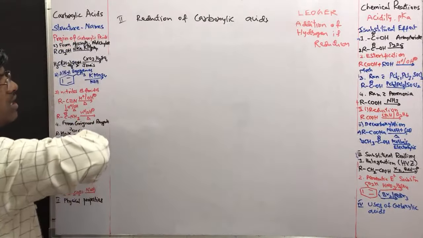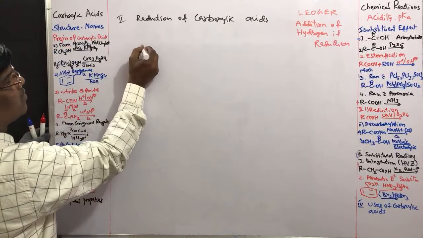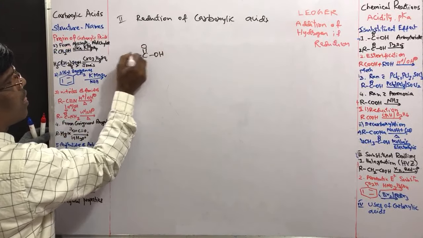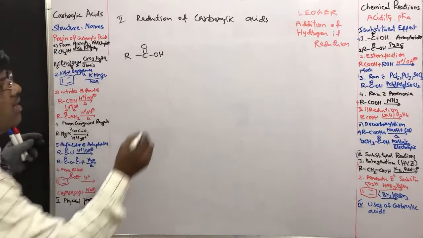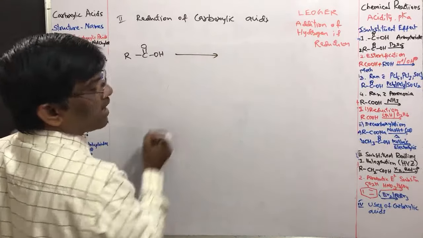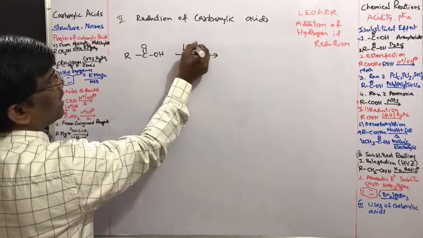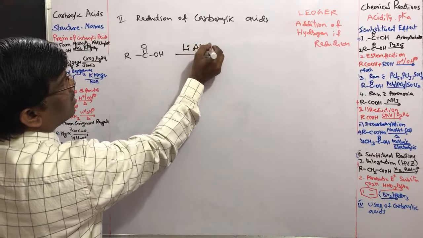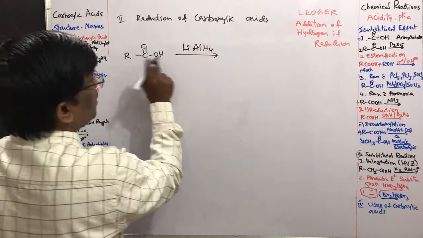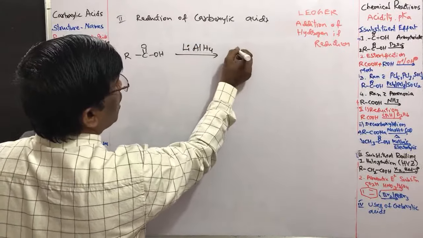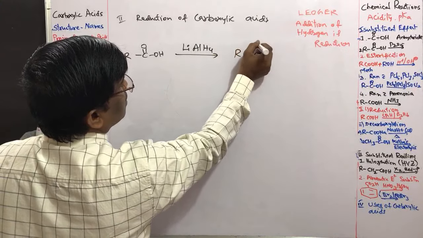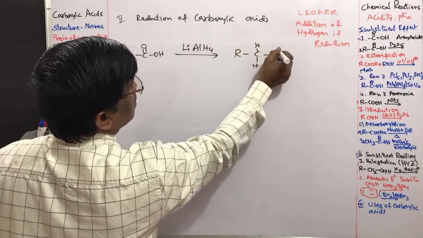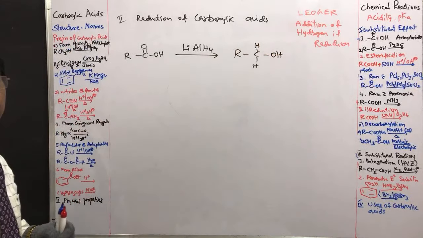Let us take carboxylic acid. This is carboxylic acid, where I do the reduction with lithium aluminum hydride. It is going to add 2 hydrogens to give alcohol.